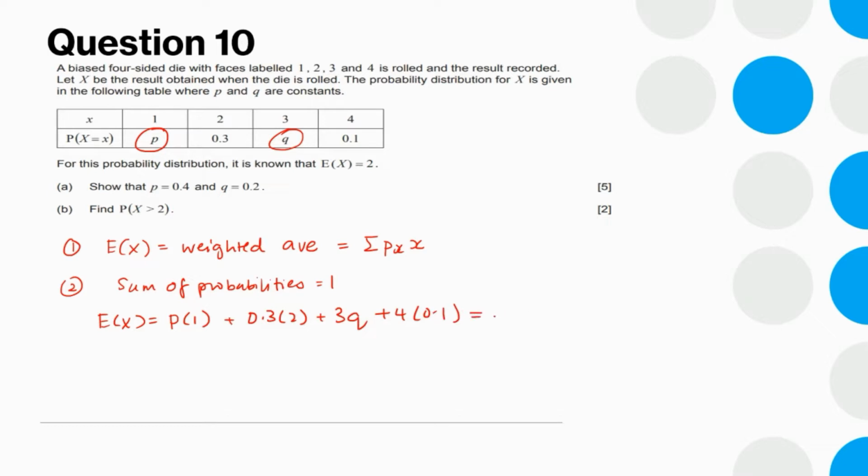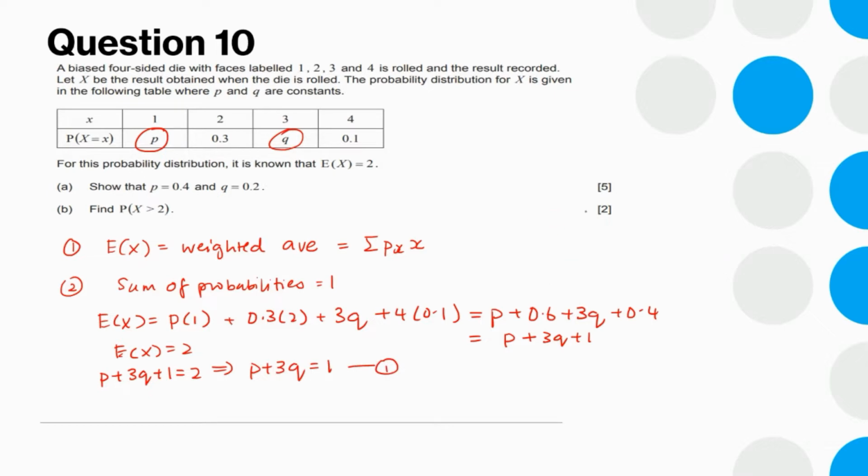That gives you P plus 0.6 plus 3Q plus 0.4, which simplifies to P plus 3Q plus 1. Since E of X is equal to 2, P plus 3Q plus 1 equals 2. That implies that P plus 3Q equals 1. That is my first equation.